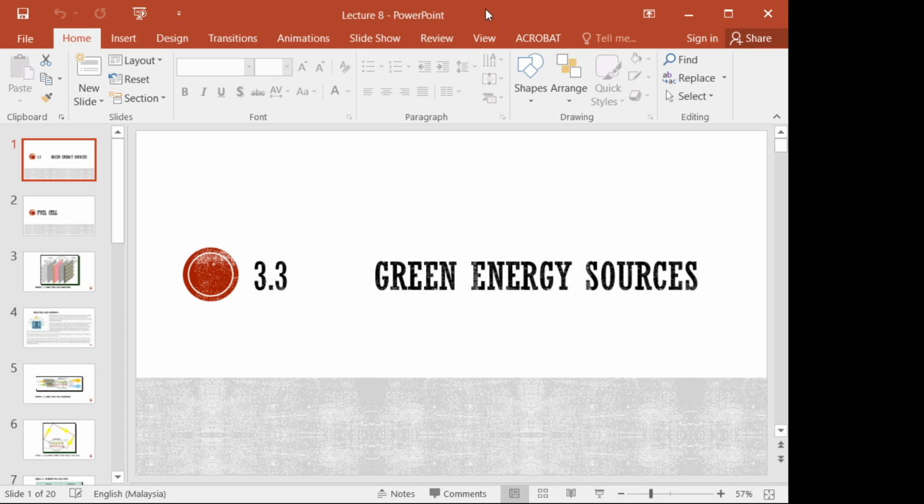So before this we have talked about the green energy systems for HVAC, and now we want to see how to power up those systems by using green energy sources.